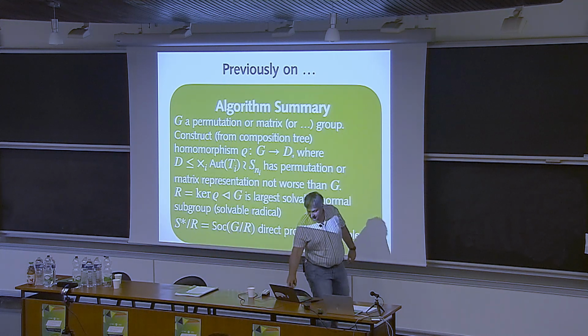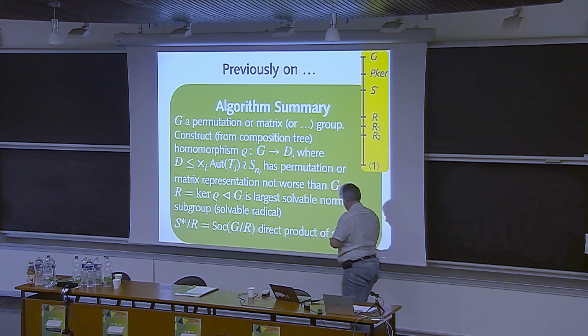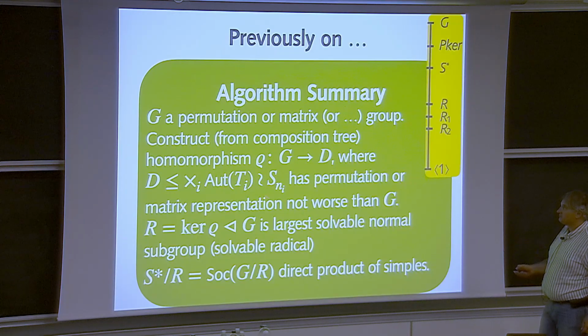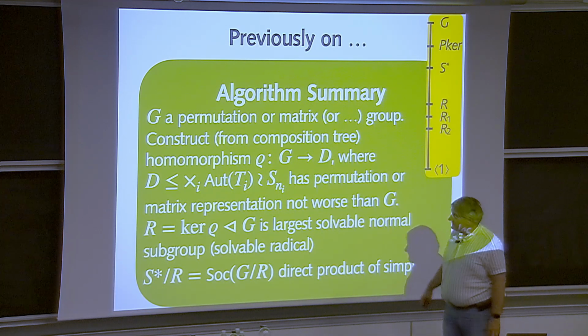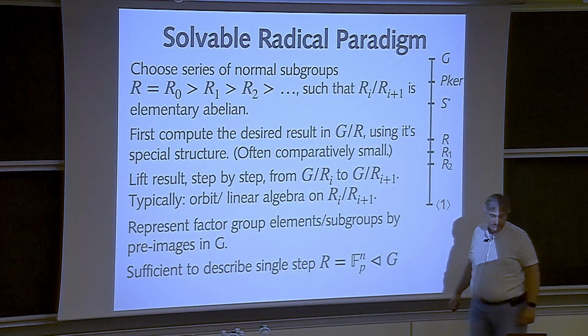And the socle of this factor, and the pre-image of the socle will be denoted by S star, is a direct product of simple groups. These are the multiple copies of these T_i. And this is the data structure which is used for higher level calculations.